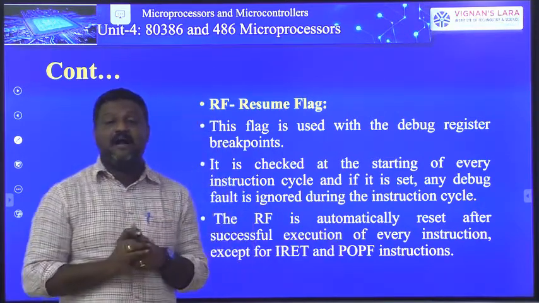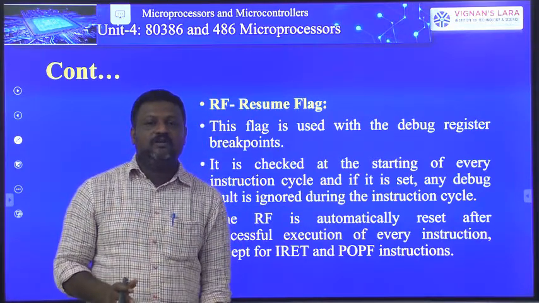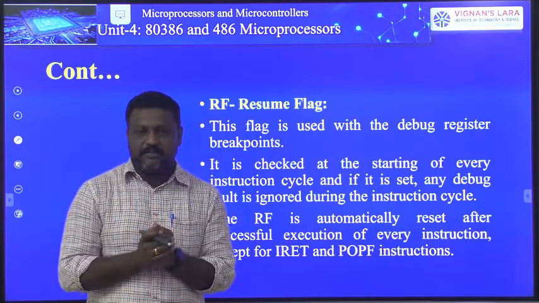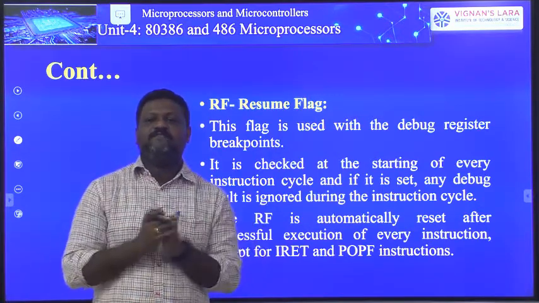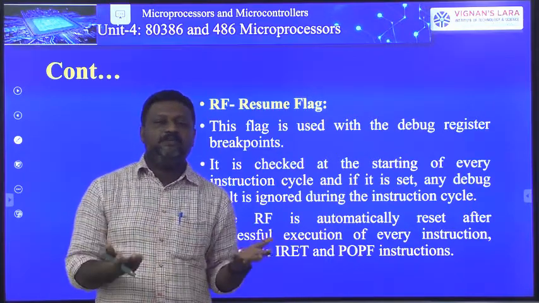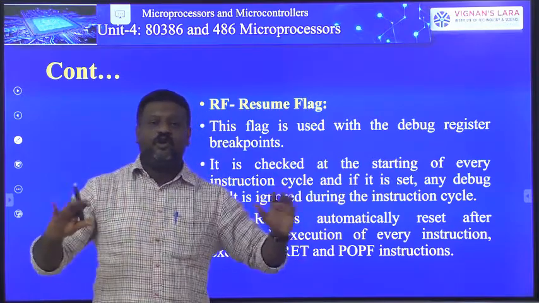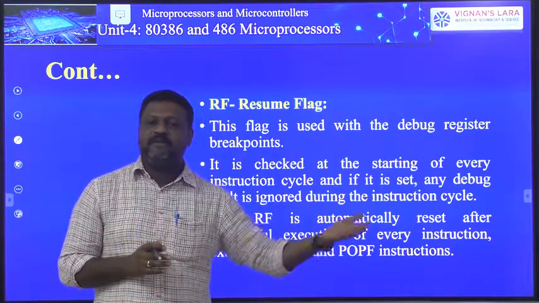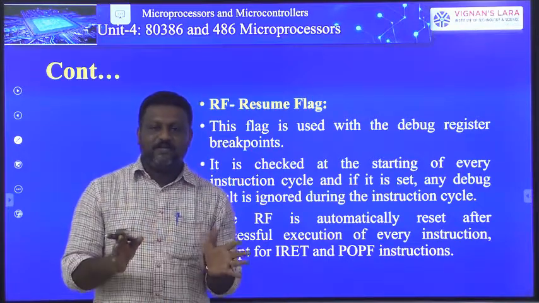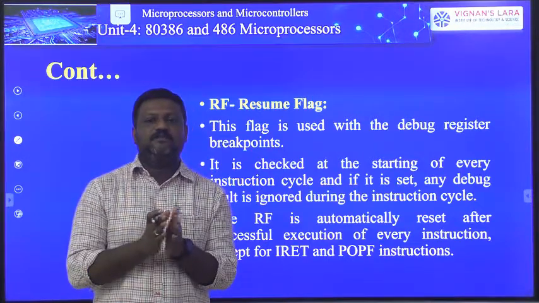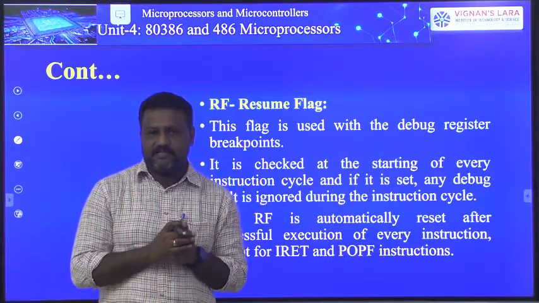So these are the different flags you may find in the 80386 processor. I hope you understand the 80386 flag register. The remaining bits in the flag register of 80386 are not defined. Those may be defined by Intel for future processor designs. But as of now, we have discussed the flags the flag register of 80386 consists of.